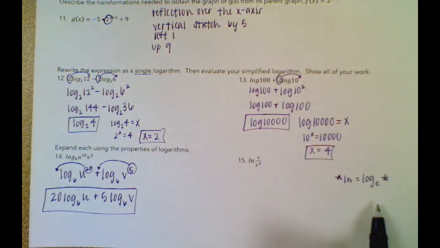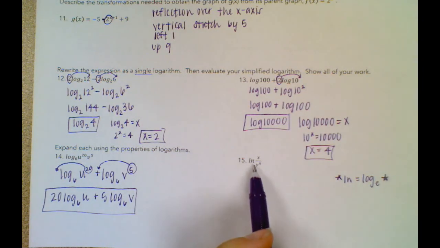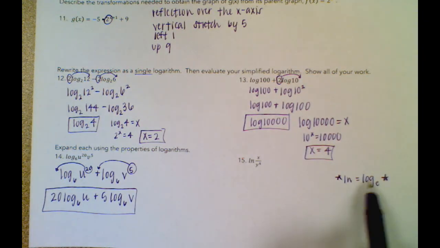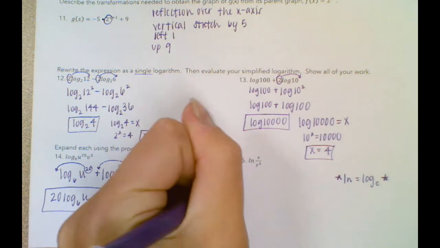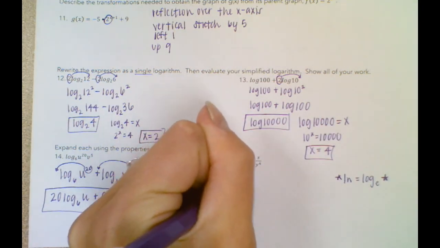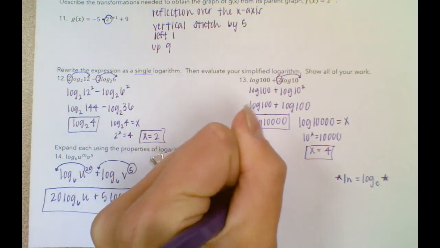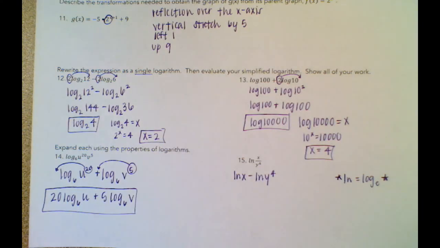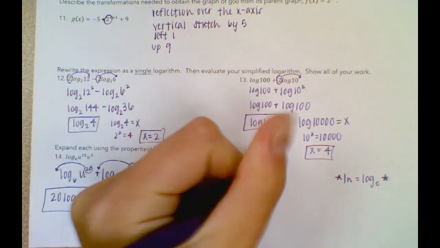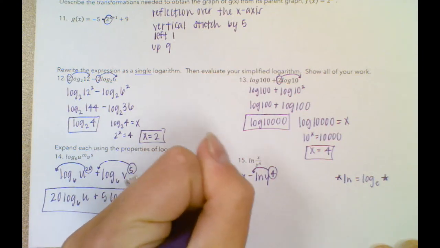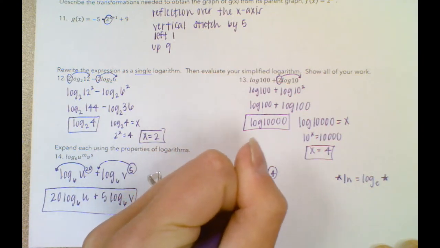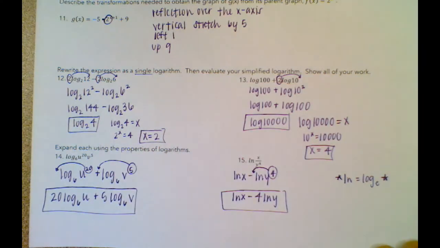I'm just making a side note there. So the base of this log is e, but you don't have to write it as log base e. You can just keep it as ln right now. Okay, so this will be the natural log of x minus the natural log of y to the 4th. Okay, and then we have that power property on the y term. So this is the natural log of x minus 4, the natural log of y. Okay, and that's it for the non-calculator.